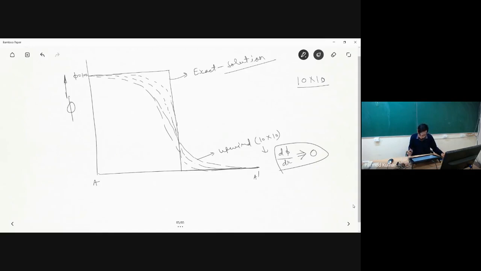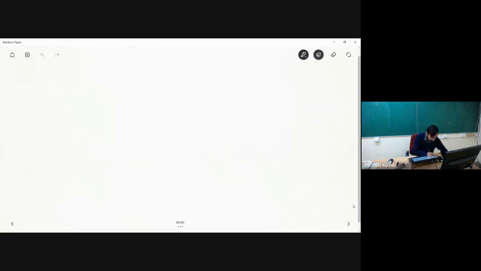Okay, so now is this point clear, whatever I have told you? Yes. Okay, so now after this there have been many developments in devising discretization schemes which actually can give results close to the exact solution.